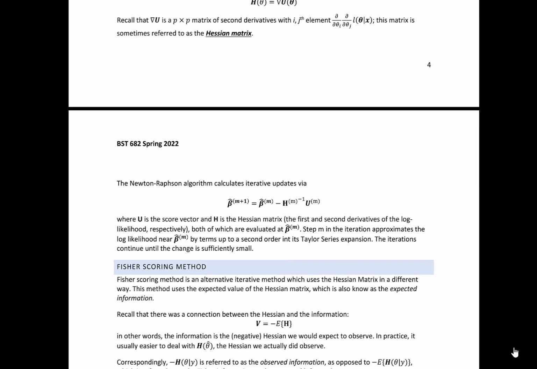It ends up that the Newton-Raphson algorithm can calculate the updates using this piece right here, where U is the score vector and H is the Hessian matrix, both of which are evaluated at beta hat_m. This continues until those changes are sufficiently small. This is really similar to what you saw in 675 when we applied the Newton-Raphson algorithm for MLEs.